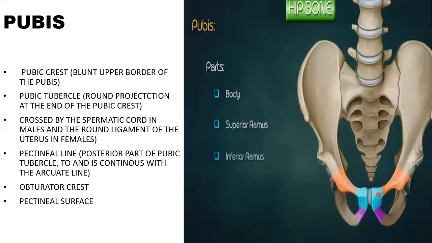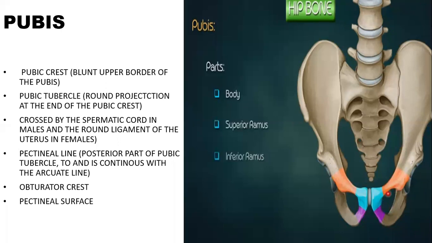Then when you go posterior to the pubic tubercle, so the pubic tubercle is somewhere there. Posterior to the pubic tubercle, you have that line there. Okay, so that line is known as the pectineal line of the pubis. Then you have another line on the anterior aspect that will participate in the formation of the obturator foramen.